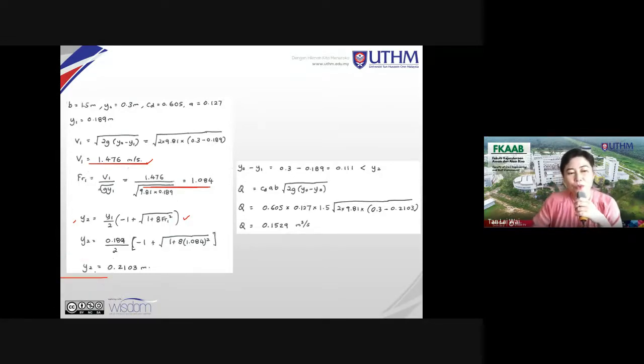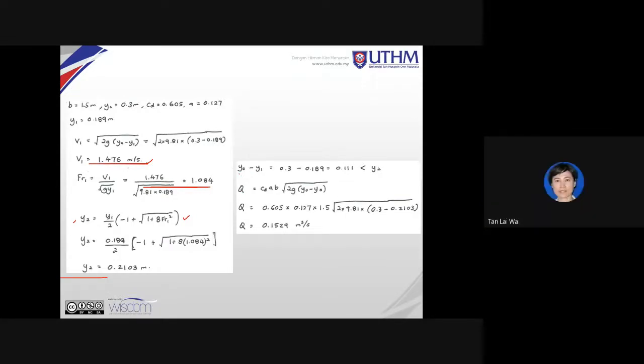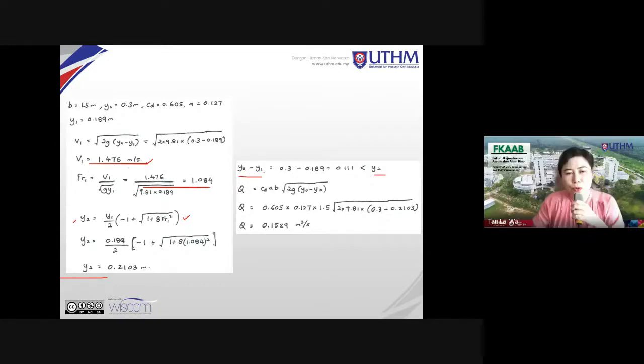Now, once you have y2, before we find out the rate of flow going through this sluice gate, we need to establish whether it is submerged or not. So you need to find y0 minus y1 and compare it with y2. So y0 minus y1 is equal to 0.11, which is less than y2.